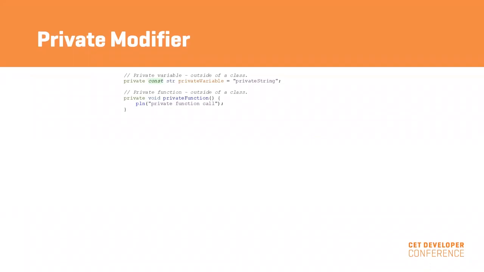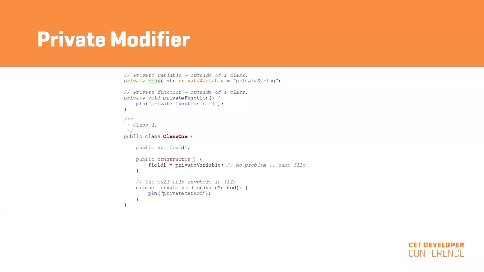Okay, so private modifiers, like I just said, are visible within the file, not the class, which I think is standard for other languages. This is because you can see here that I can define a variable or a function outside of a class. These can be in the same file as a class, outside of a class. Therefore, I can make them private, but visible to the class within that file.